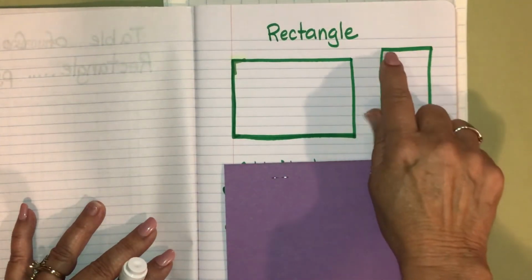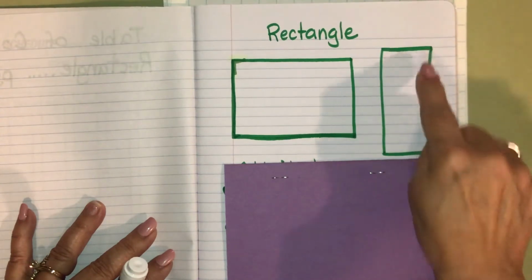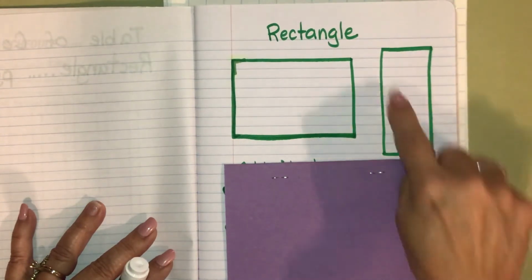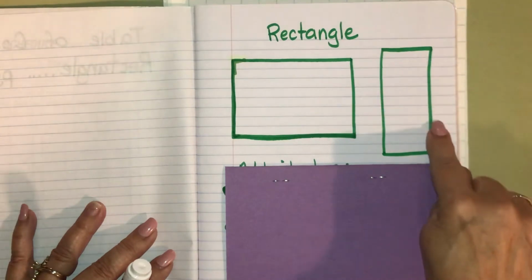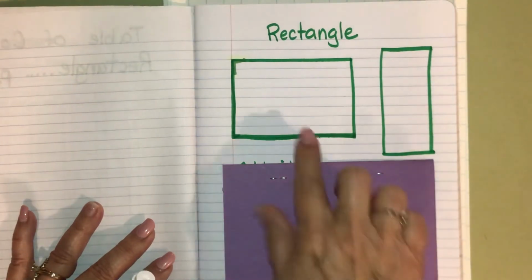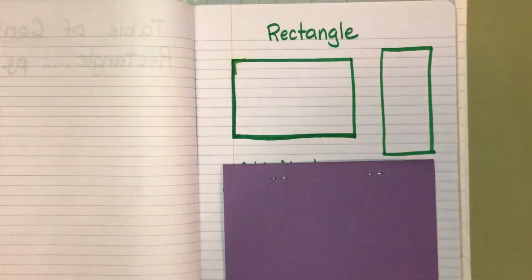On this one, we're doing it the opposite. We're going to have the width on the top and the bottom, and the length is going to be on the sides. So you've got 2 different shapes. I'm going to give you a few seconds to draw those.